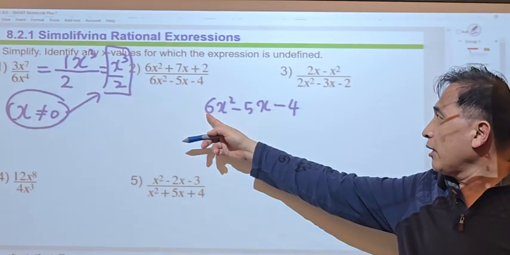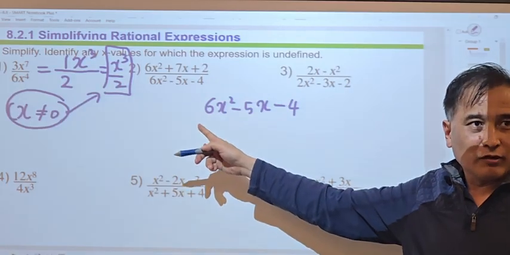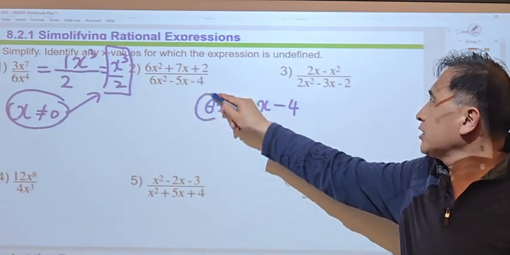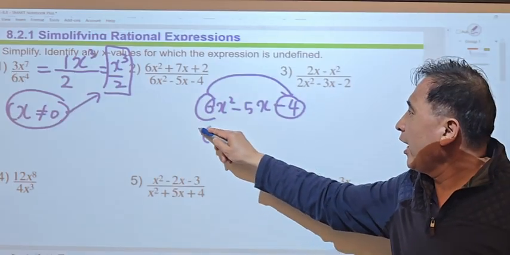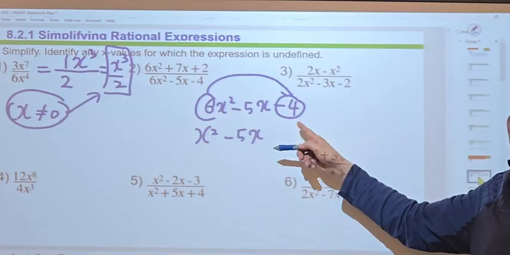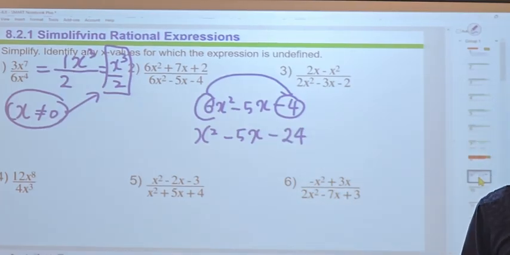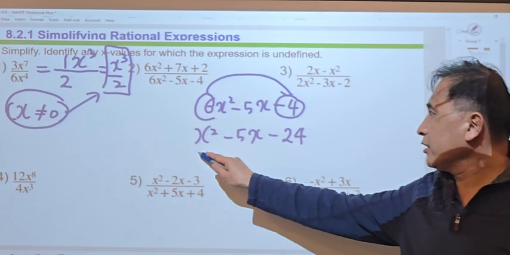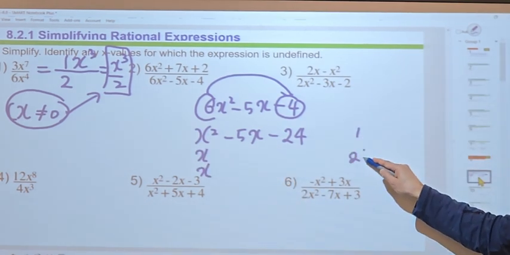When the leading coefficient is not 1, then we make it 1, right? So multiply the 6 by the constant here. So this one becomes x squared minus 5x, and 6 times negative 4 is negative 24, right there. And then x, x, and the factors of 24: 1 and 24.